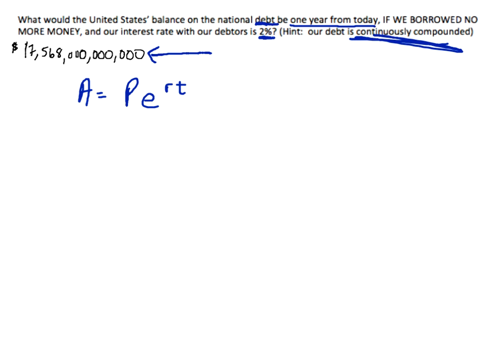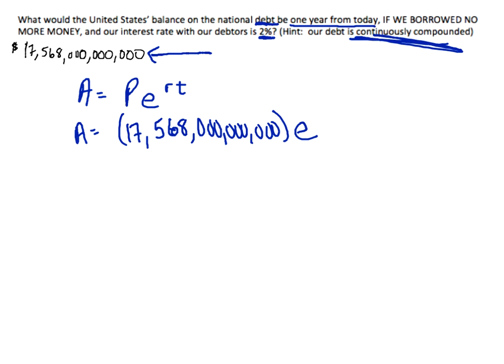All right, so once again, we're talking trillions here. So our account balance is equal to our principal, 17,568 billion, times e raised to the rt. Our rate is 2%, and we're going to do that for 1 year. All right, so I'm going to put this into my calculator.